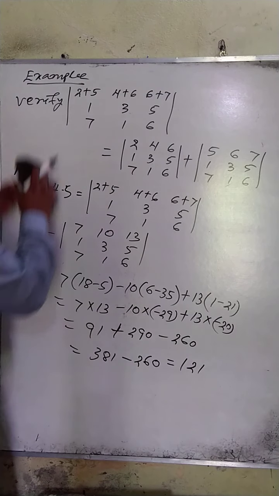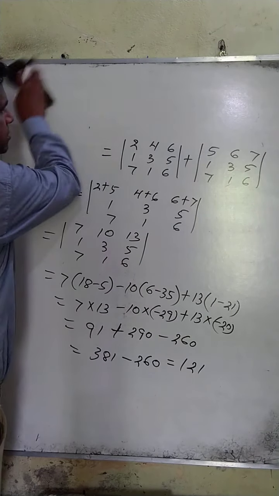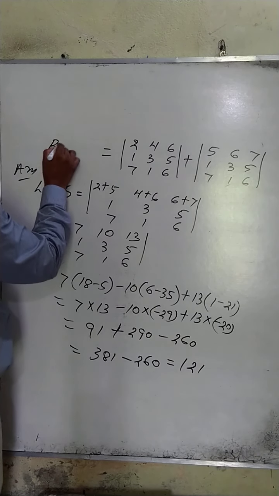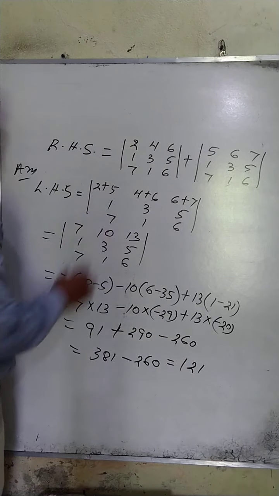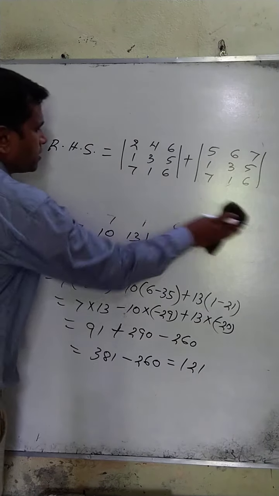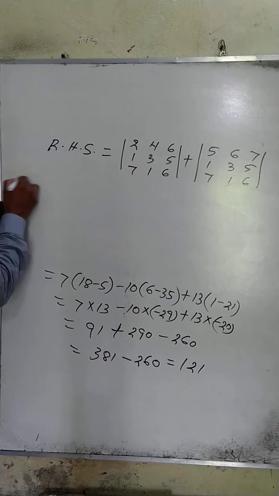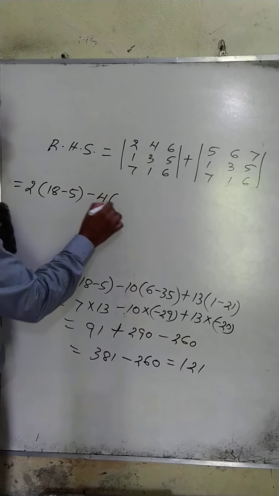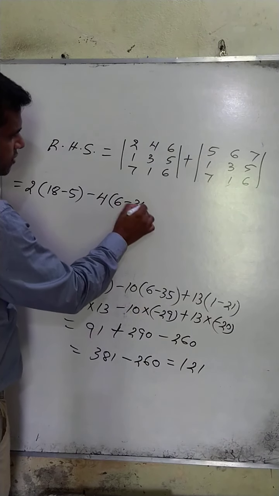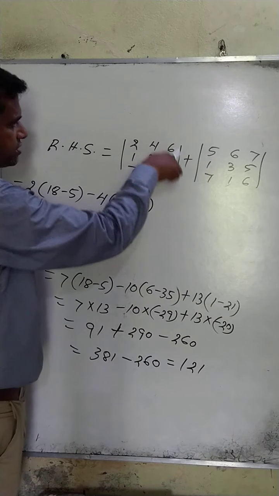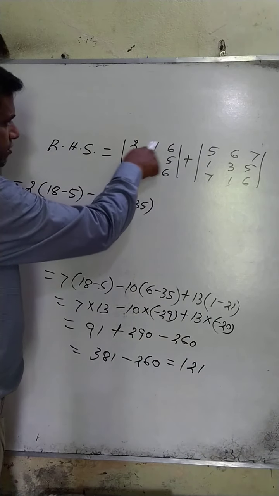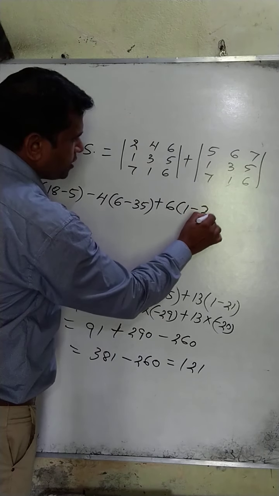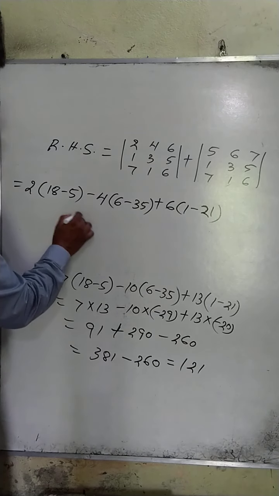Okay, now we find the RHS of this verification. RHS equals this, that equals 2 whole into 18 minus 5, minus 4 whole into 6 minus 35, first we find the expansion of this determinant, plus 6 whole into 1 minus 21, plus 5.